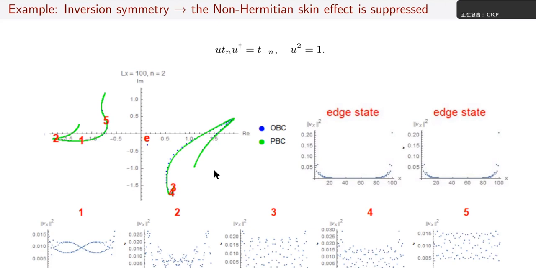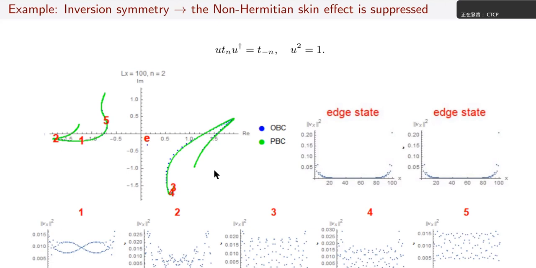Yeah, but the super difficult point is that in the non-Hermitian system, you have to use the local Hamiltonian in open boundary condition. It's a very subtle point.